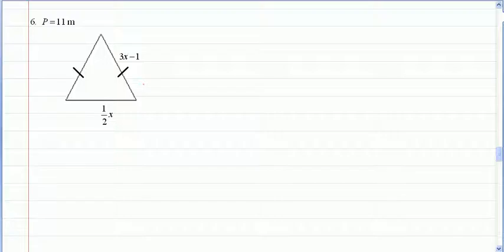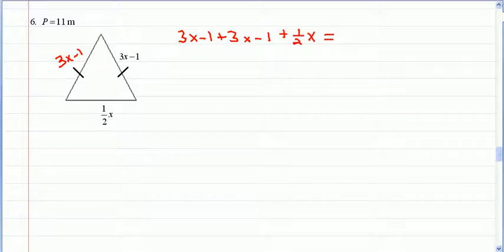For number 6, we have an isosceles triangle because two of the sides are marked as being equal, so we know that the other leg is equal to 3x minus 1. So knowing that the perimeter is 11, we would take 3x minus 1 plus 3x minus 1 and add it to 1/2 x, and then set all three sides equal to the total perimeter of 11.